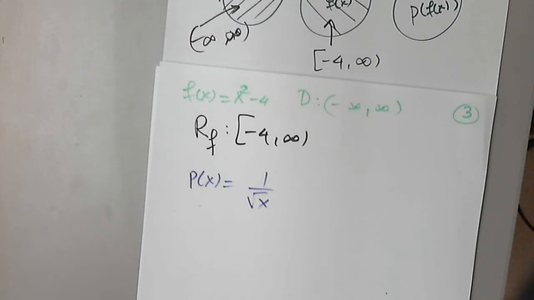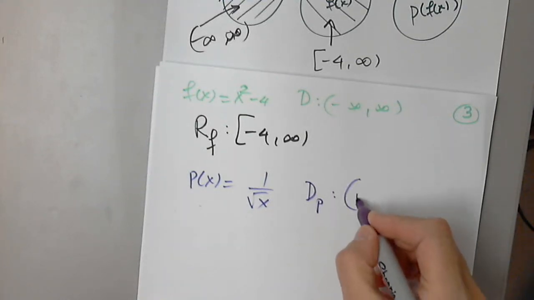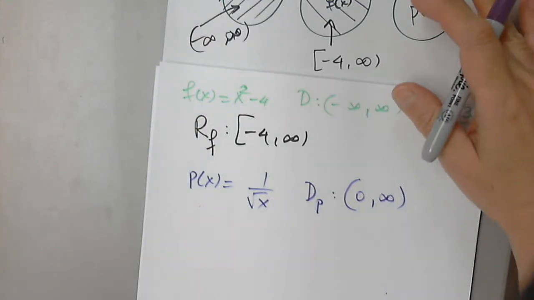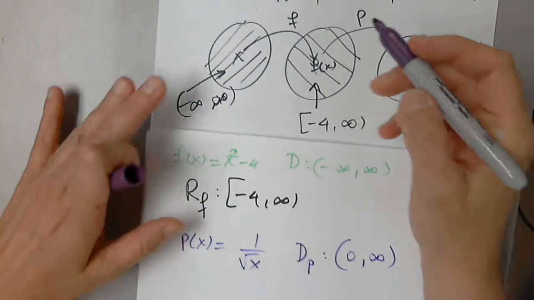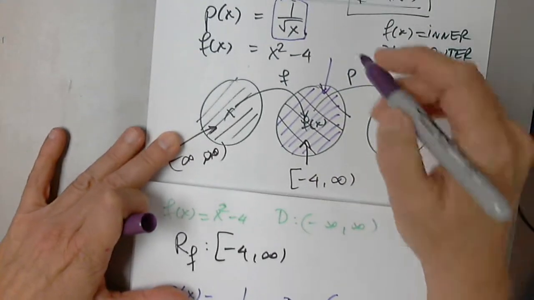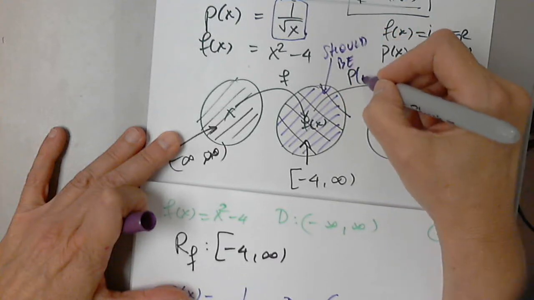So it would be x is greater than 0. Excellent. It cannot be 0. It's in the denominator. So the domain of function p is 0 to infinity. Great job. Oops, I have a problem. A big one. This should be 0 to infinity.